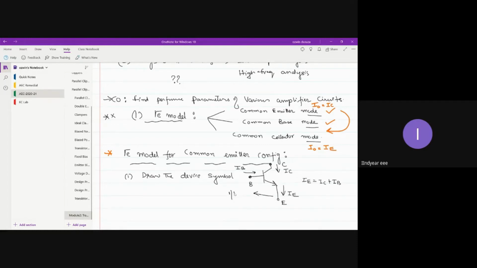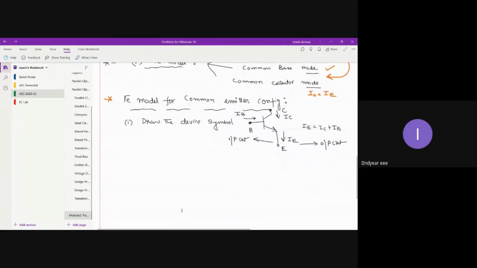The emitter terminal is common for the input circuit as well as the output circuit. Once you draw the device symbol for the given configuration, you can go to step 2.